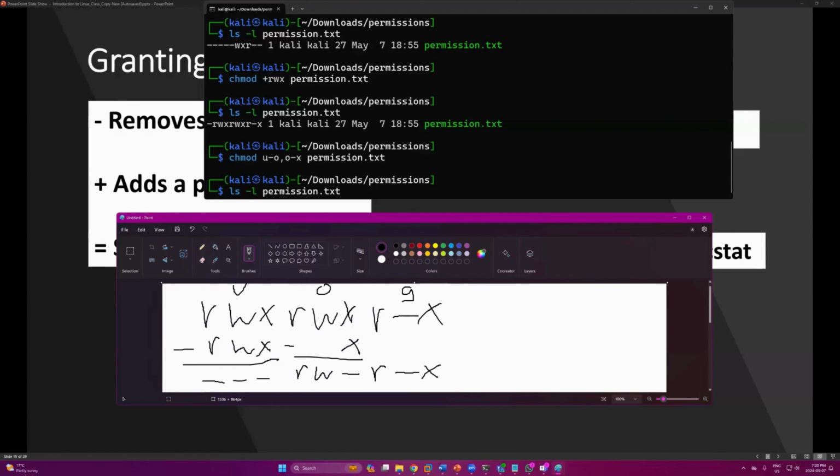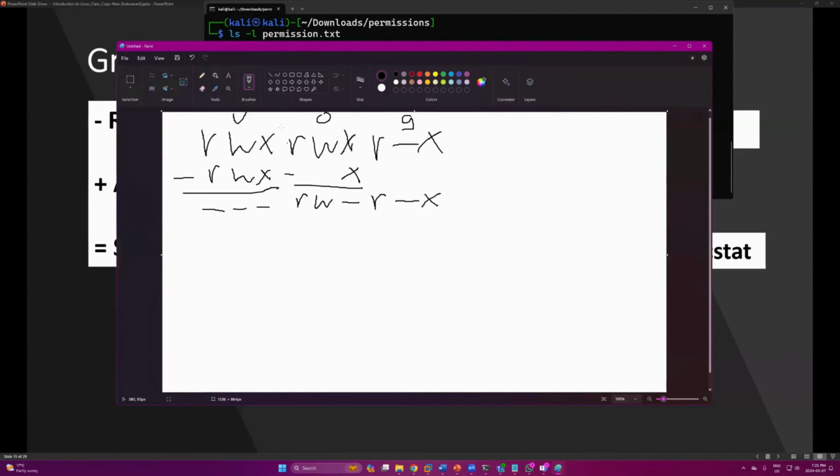Yeah, I'm here. So what did I do wrong over here in the little paint box? You remove the read and write. Nope, it's the order, right? It's not UOG. It's, what is it? It's UGO, right?